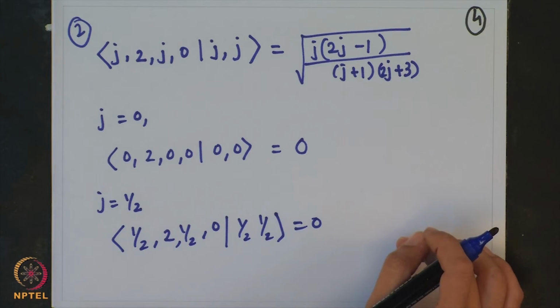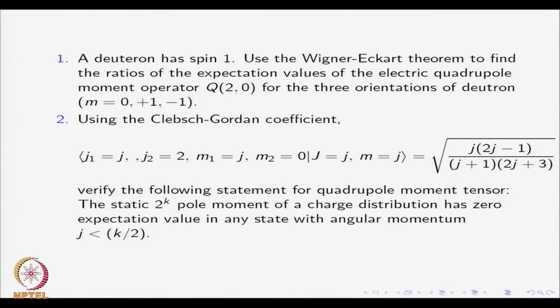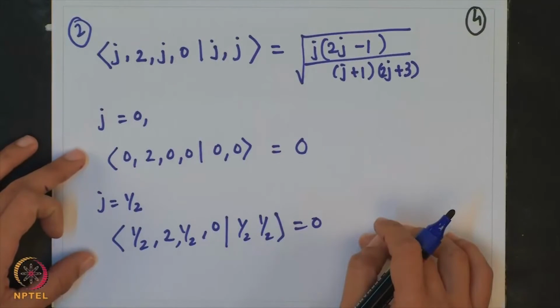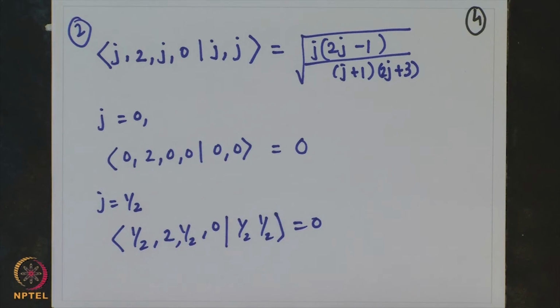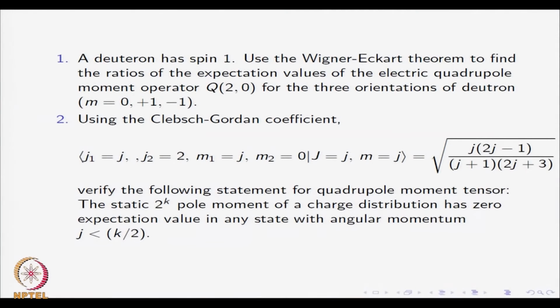In the question you are asked to verify the statement that the 2 raised to k pole moment, the quadrupole moment of the static charge distribution, is 0, and the expectation value of this in a state with angular momentum j. So, from here you can see that these quantities are 0, and when you write in terms of the expectation value, how will I write it?